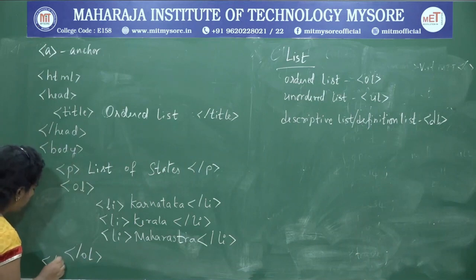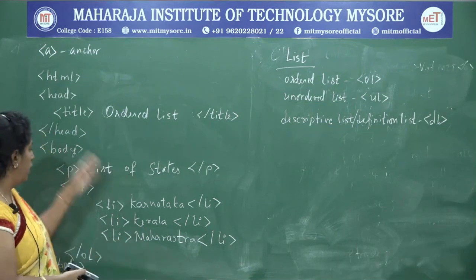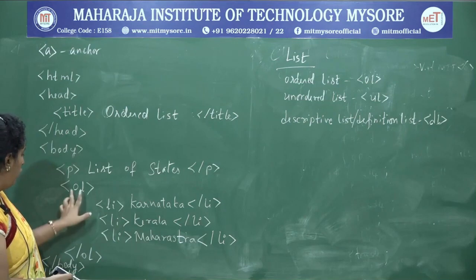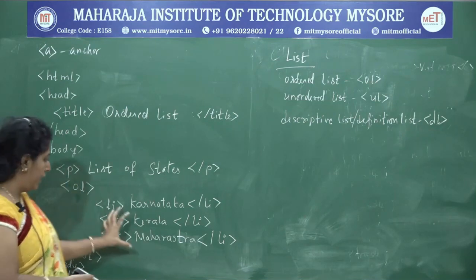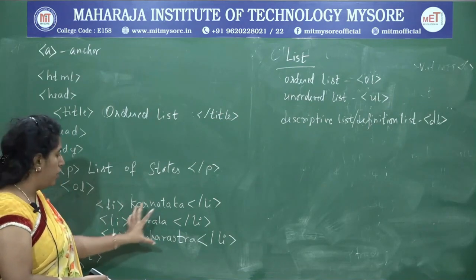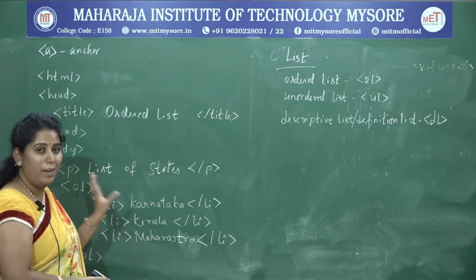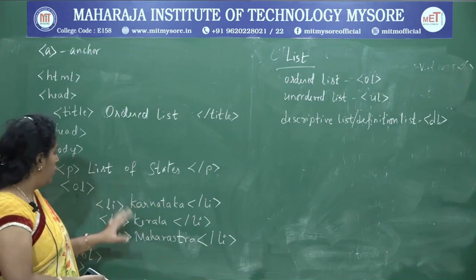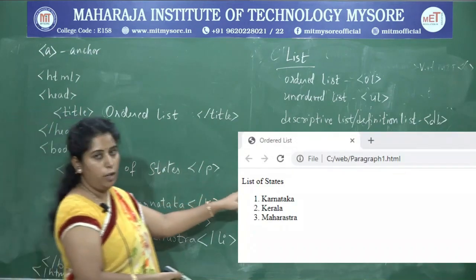Finally, close the body, and also close the HTML part. Now the ordered list is used, right? Since you have used an ordered list, by default this list will be ordered in numbers. Finally, when you run this program, you can look into the output.